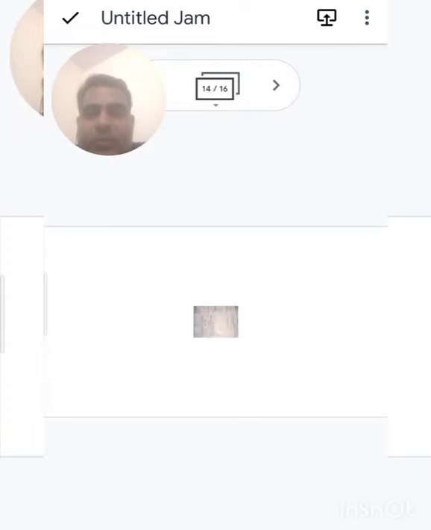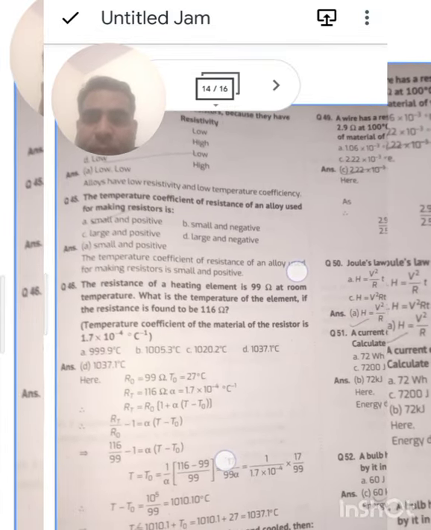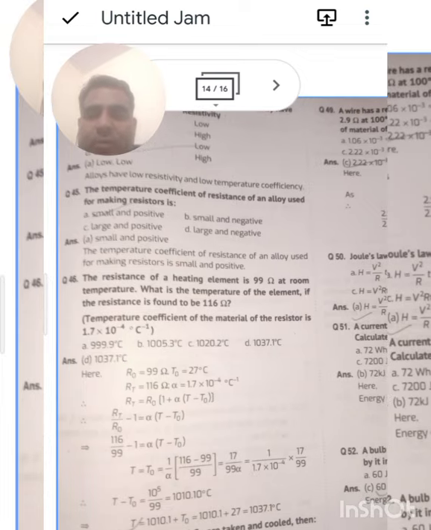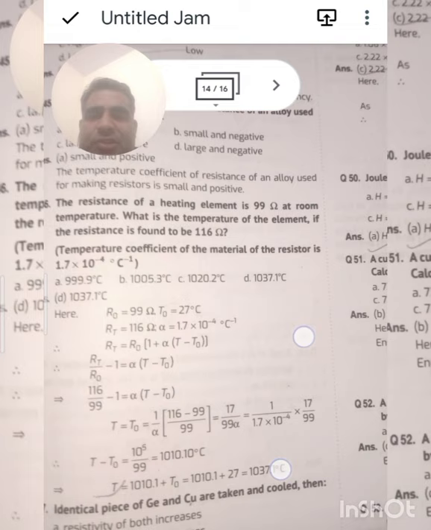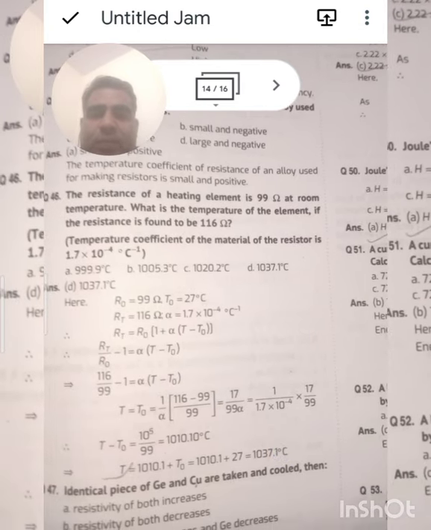Okay, now the next question which we have says that the temperature coefficient of resistance of an alloy used for making resistors is small and positive. The resistance of a heating element is 99 ohm at room temperature. What is the temperature of the element if the resistance is found to be 116 ohm?